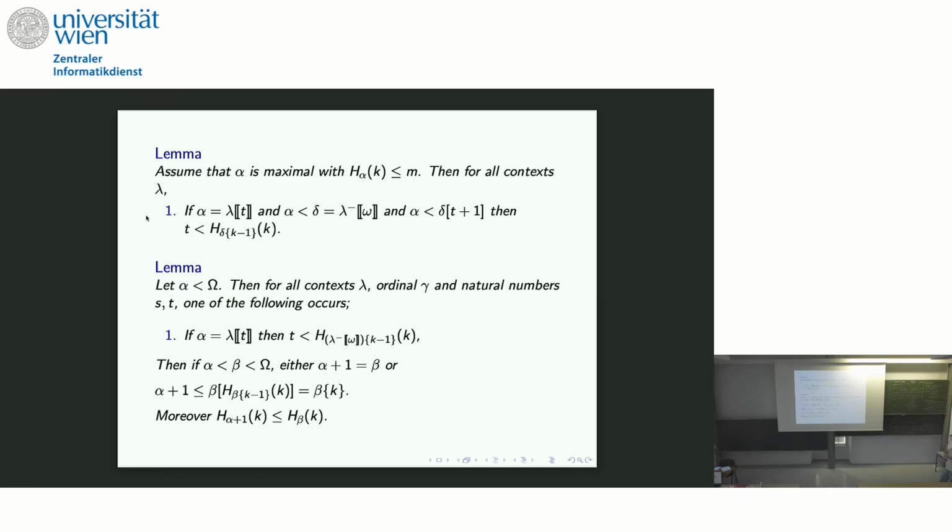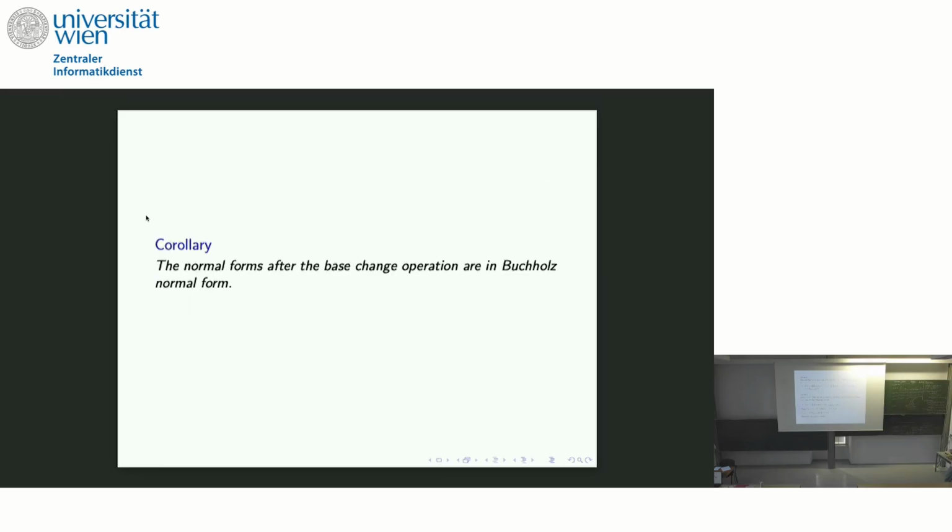And it is exactly these two lemmas that I move to the realm of base change operation, and I use them to show that the base change operation is monotone and normal form preserving. And after I do this work, I show that the base change operation is well-founded.